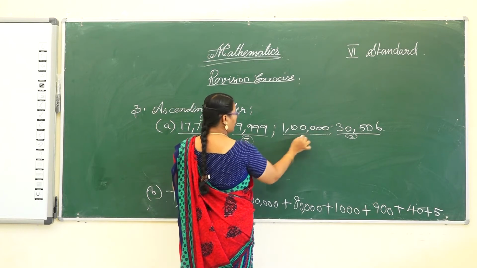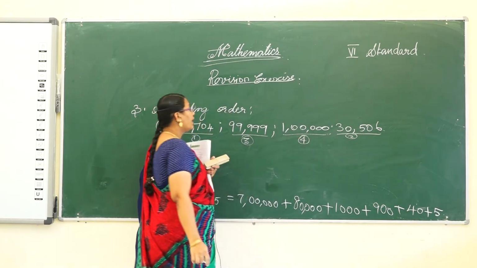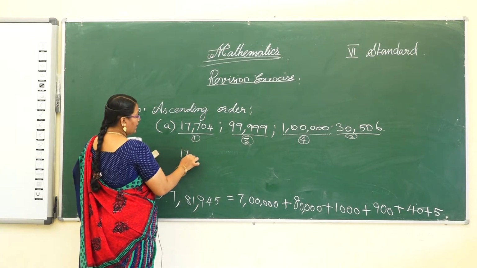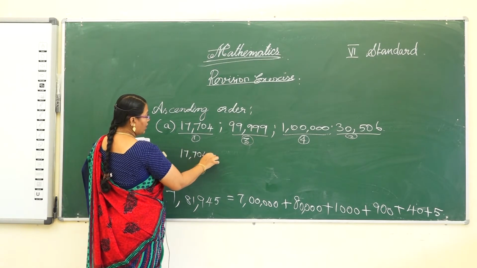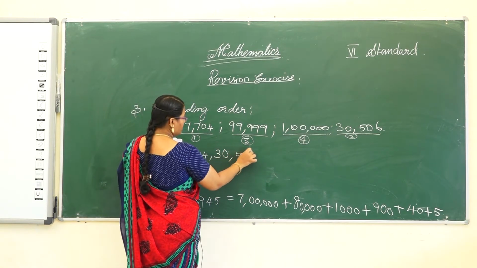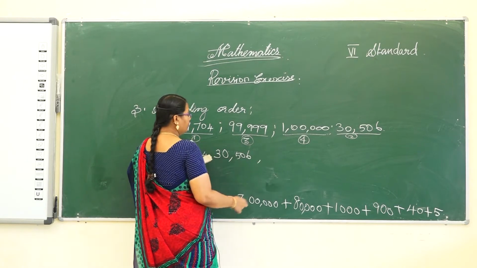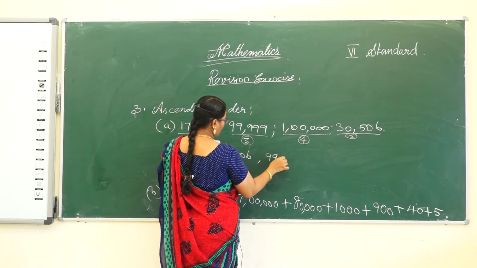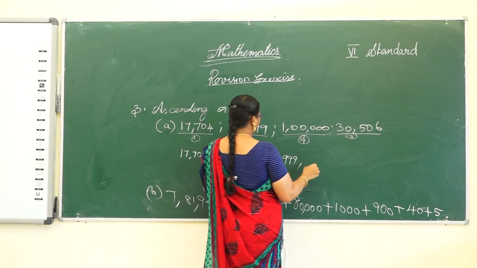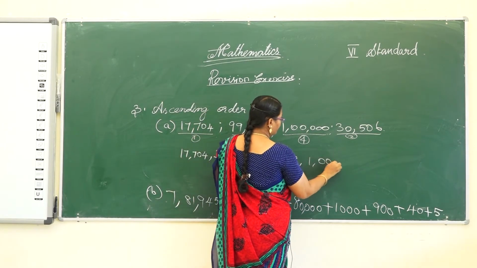So write in the ascending order. First write the smallest number, 17,704. The next smallest number, 30,506. And next one, 99,999, and final, 1 lakh.